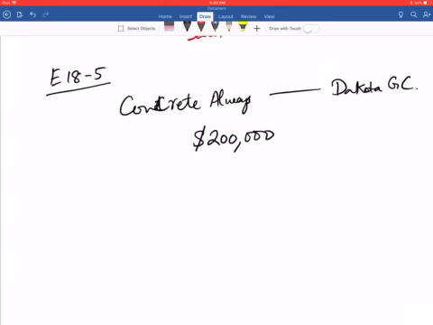So that's what Concrete Always has to do for Dakota, is to construct, and what they're going to get for this work is $200,000. But there's another performance obligation that Concrete Always is getting into, which is to get the work done on time.